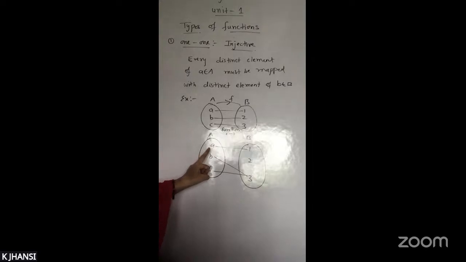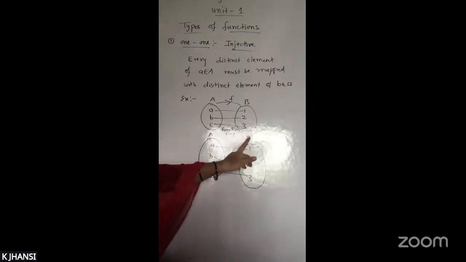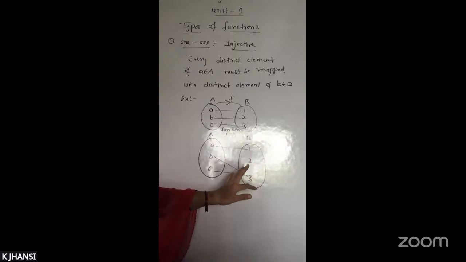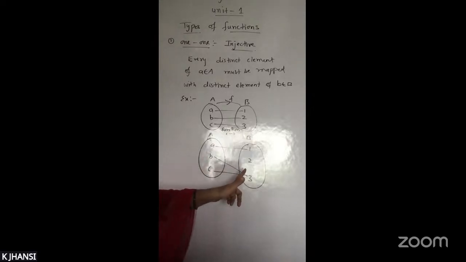Because each and every element of set A has only one image. b has one image 3, c has one image 3. Here one element is left in set B. If one element in set B is left, that is fine, but every element in set A must have an image. If any element is left in A, then it is not called a function. But if it is left in B, it is still a function.